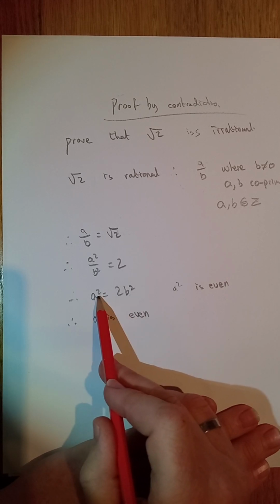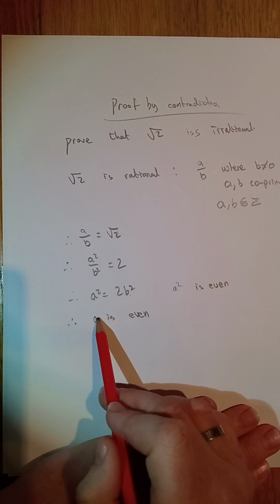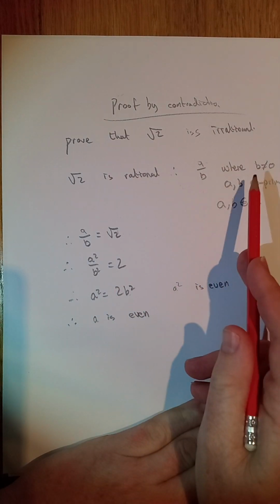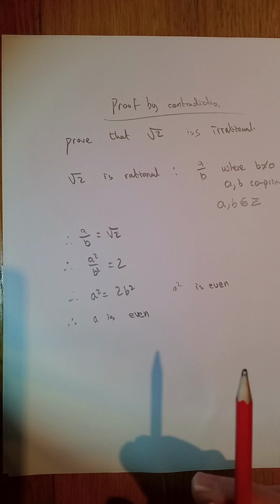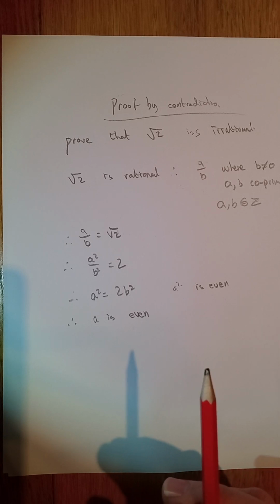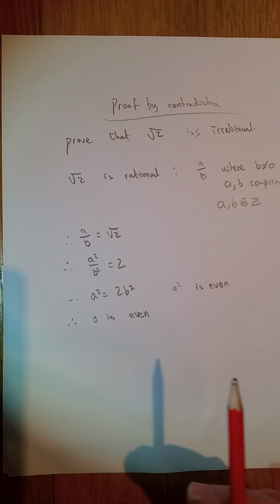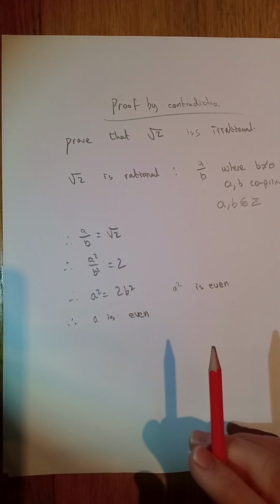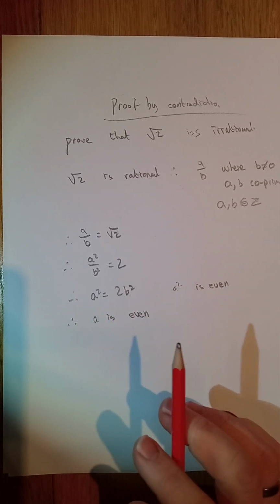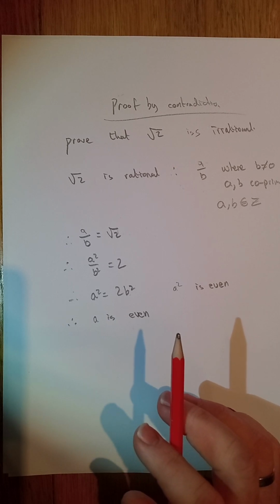So if the squared number is even, then the root of that square number, if it is a whole number, if it's an integer, which we said it is at the start, it's even. See where we're going with this? You can see where this is building to. We have a little bit of a contradiction starting to form in our heads.